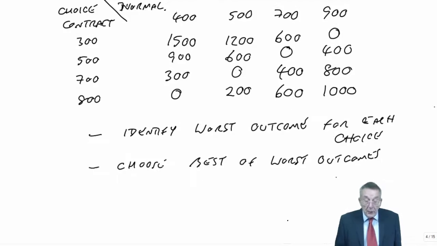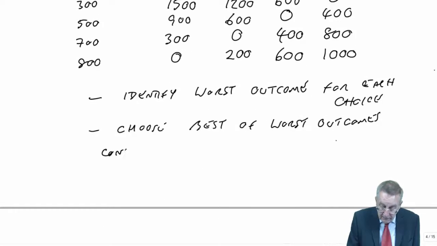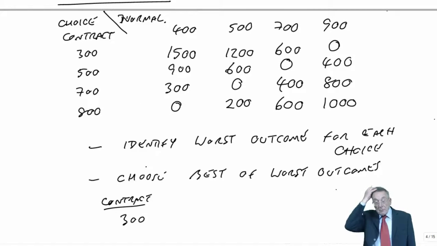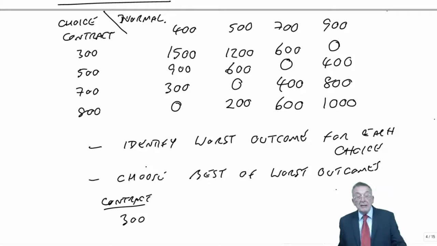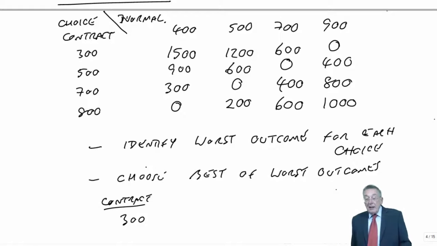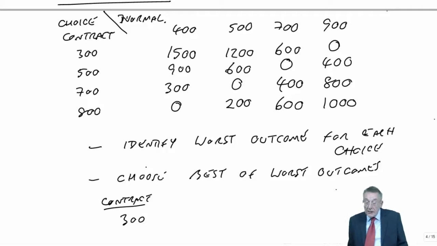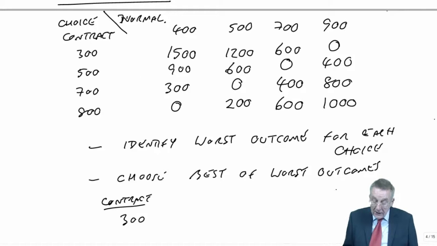And so let's go through the contract sizes. If we contracted 300, well, looking at the regret table, remember these are now effectively losses. Depending on the level of demand, we either are effectively losing 1,500 or 1,200 or 600 or 0. Well, the worst is the biggest loss, which is 1,500.